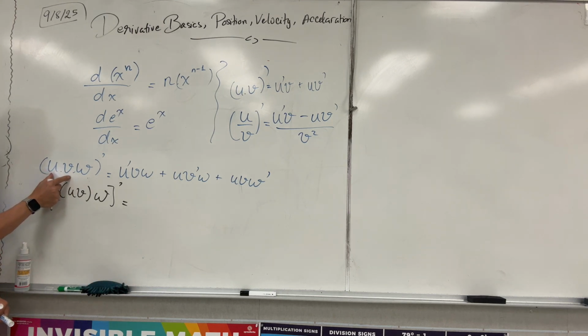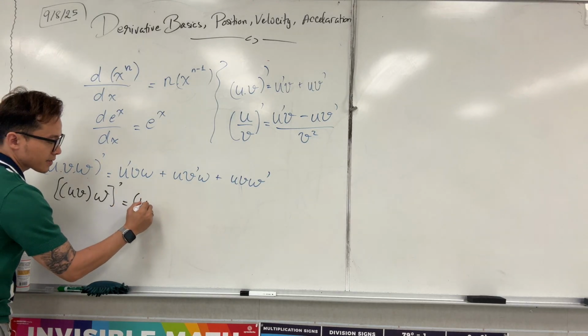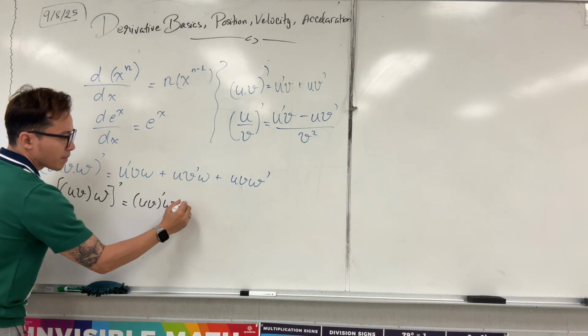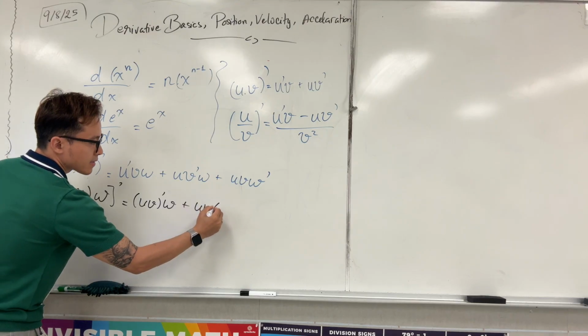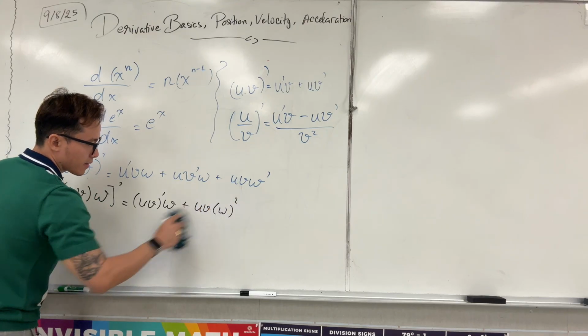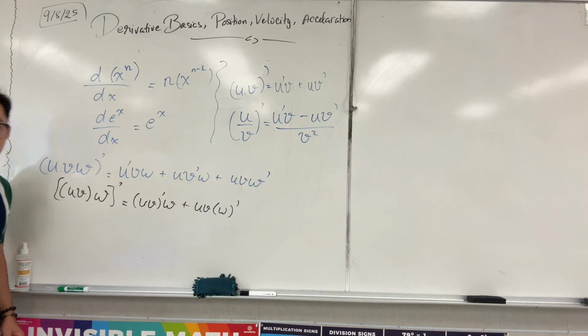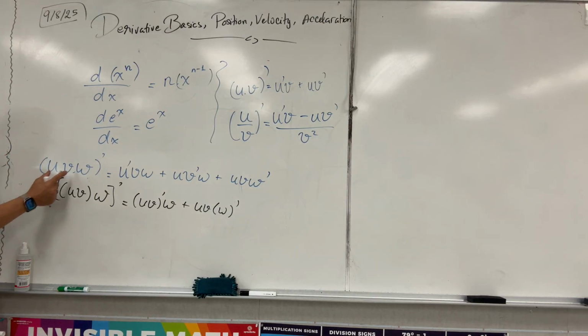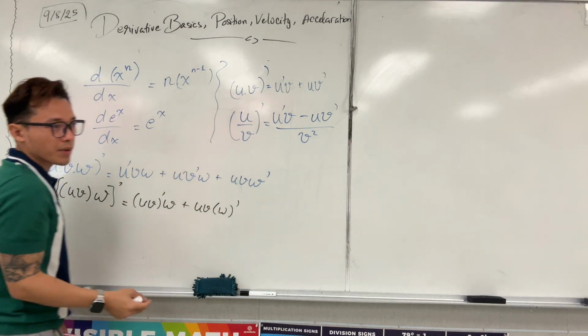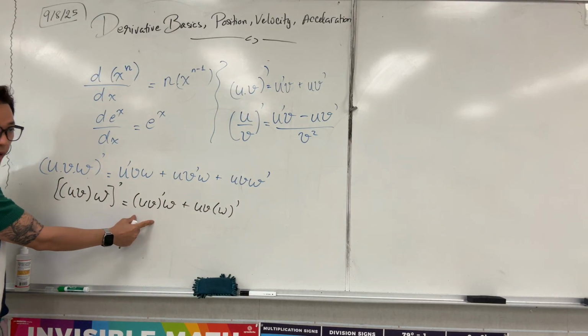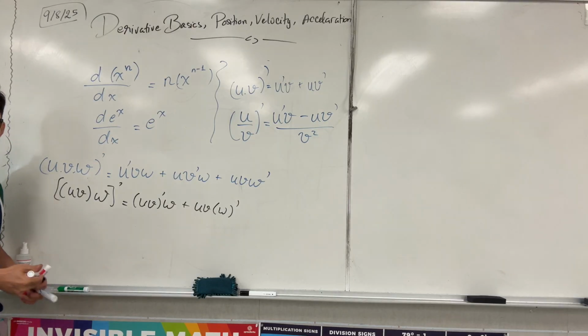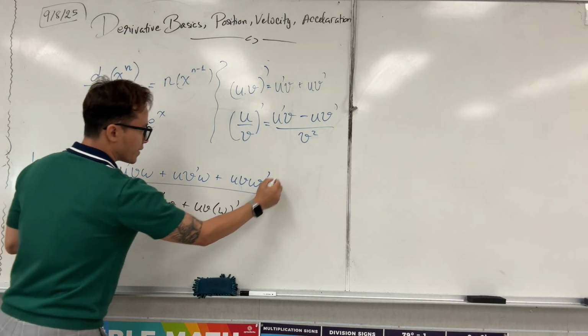I combine these two together, so I take the derivative of each one. So I'm going to have this plus this. Do you agree? I just combine these two together, so now I can use the product rule, and then for this one I use the product rule again, and then I get this. Not hard. You can just take the derivative of each one.